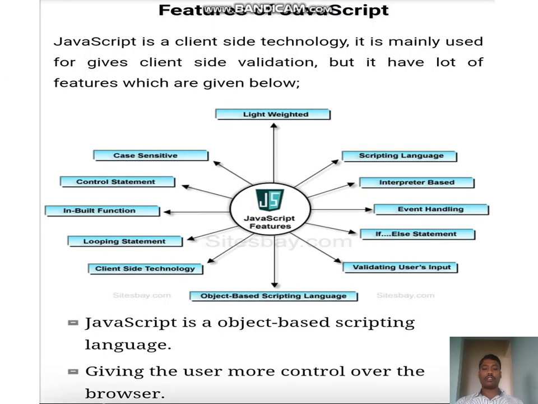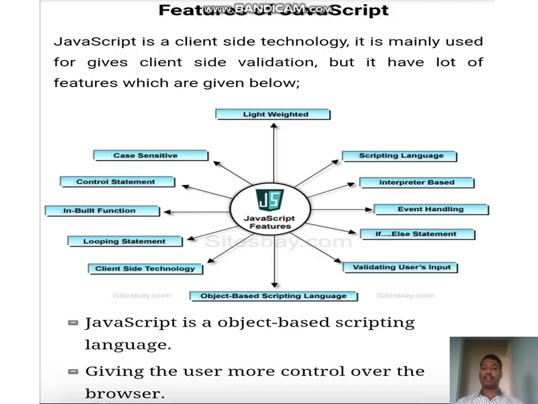Features of JavaScript. There are different features of JavaScript. JavaScript is a client-side technology. It is mainly used for client-side validation, but it has a lot of features which are given below.